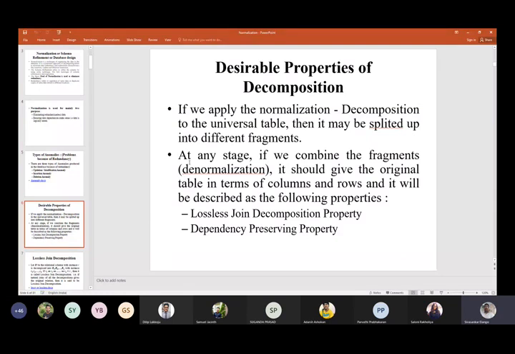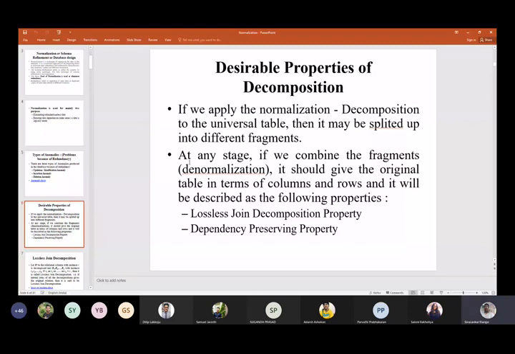So lossless join decomposition property is verified by taking the natural join of all the decompositions, and if the natural join of all the decompositions gives you back the original relation, then we say that it's a lossless join decomposition, right?